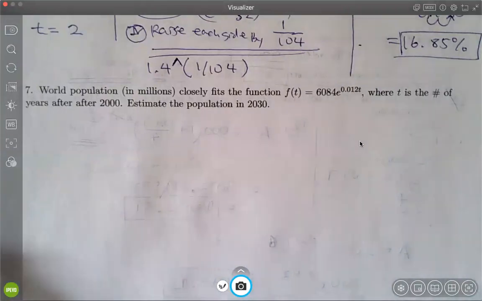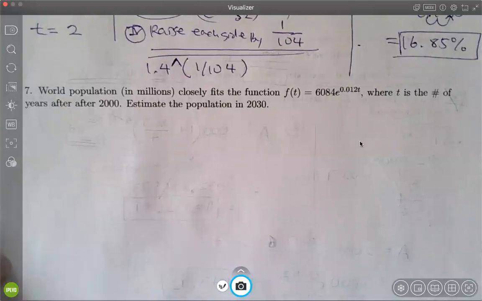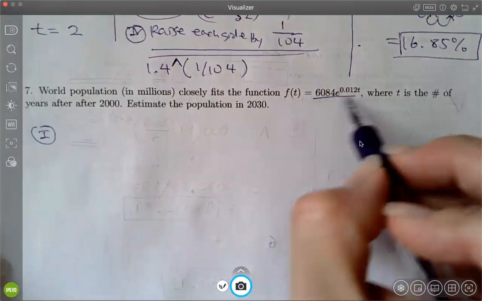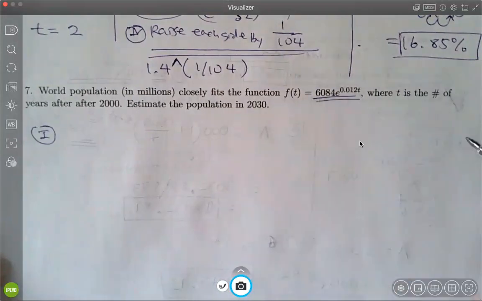Okay, so here, what do we do? We have this function, and we have to plug in some number to t, right? Now, does that mean we plug in 2030 into t? No, because if so, what does that mean? It's the population in 2030 years after 2000, right?